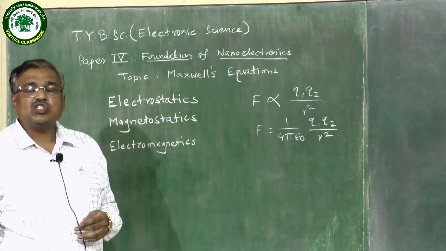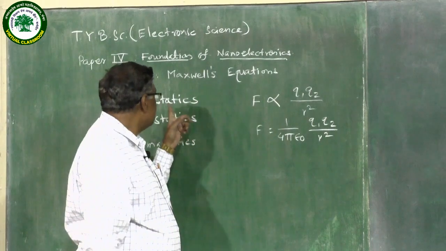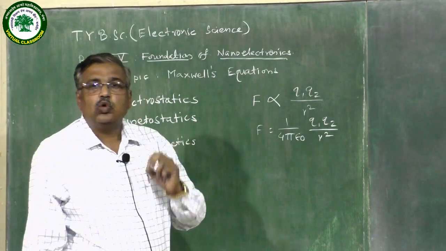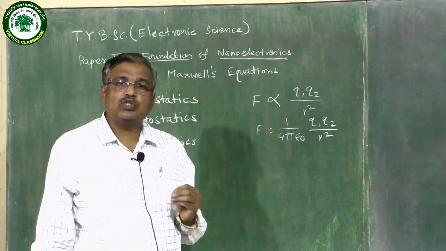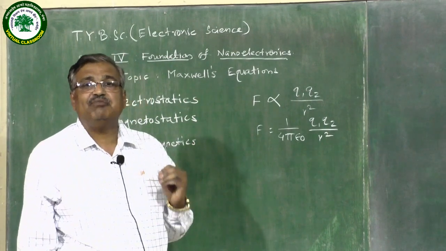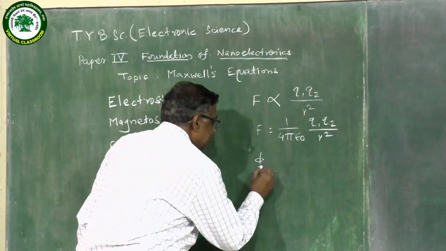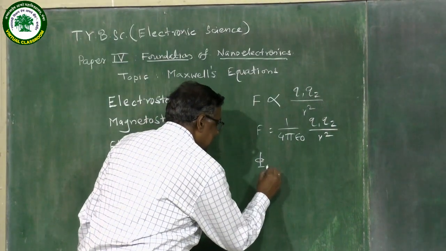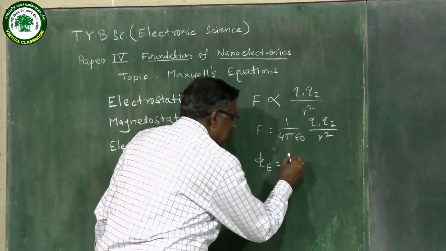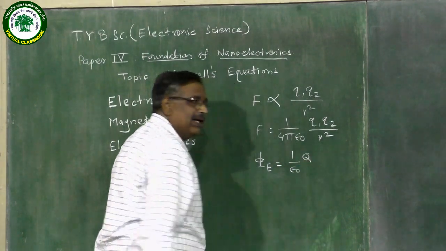There is another law which is also very important in electrostatic theory, and that is Gauss law. Gauss law states that the total electric flux passing through any closed surface is always equal to 1 upon epsilon 0 times the net free charge enclosed by that surface. This electric flux phi suffix E is equal to 1 upon epsilon 0 times the net charge Q enclosed by that surface.